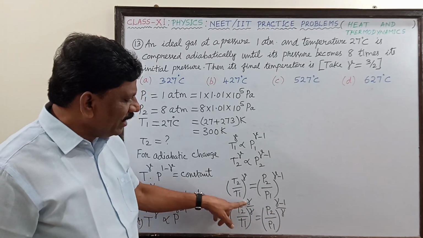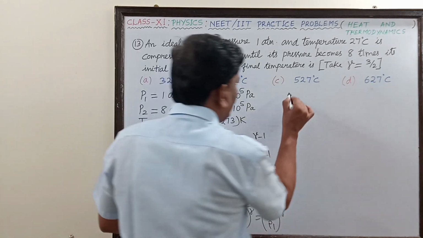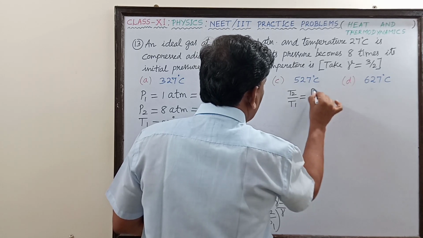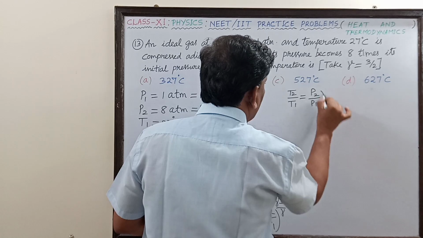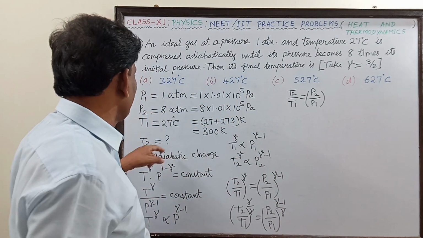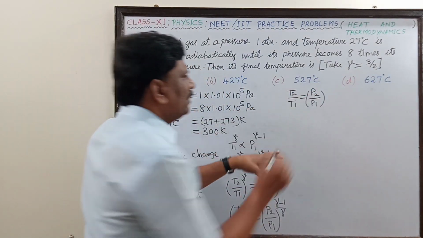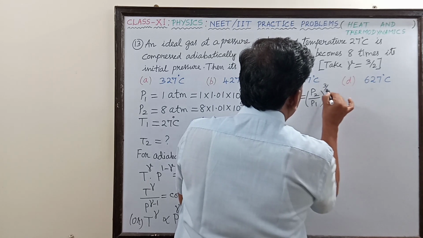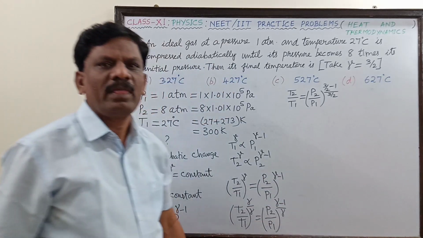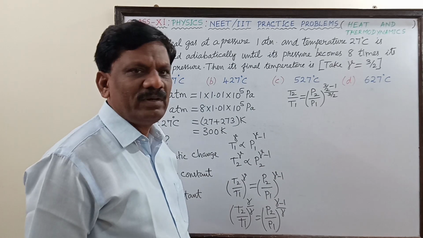So what will happen now? Gamma by gamma is 1. So now I can write T2 by T1 is equal to P2 by P1 whole power gamma minus 1 divided by gamma. The value of gamma given here is 3/2, so this is 3/2 minus 1 whole divided by 3/2. Systematically substitute and do the mathematical calculation correctly.